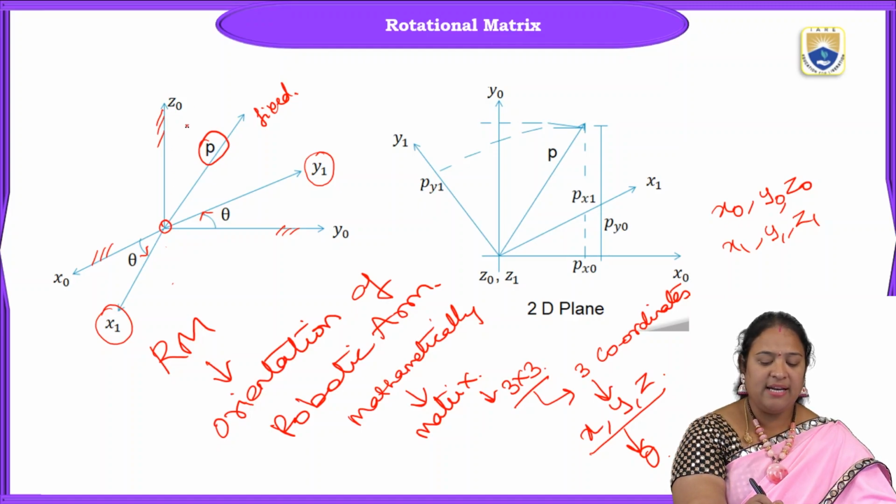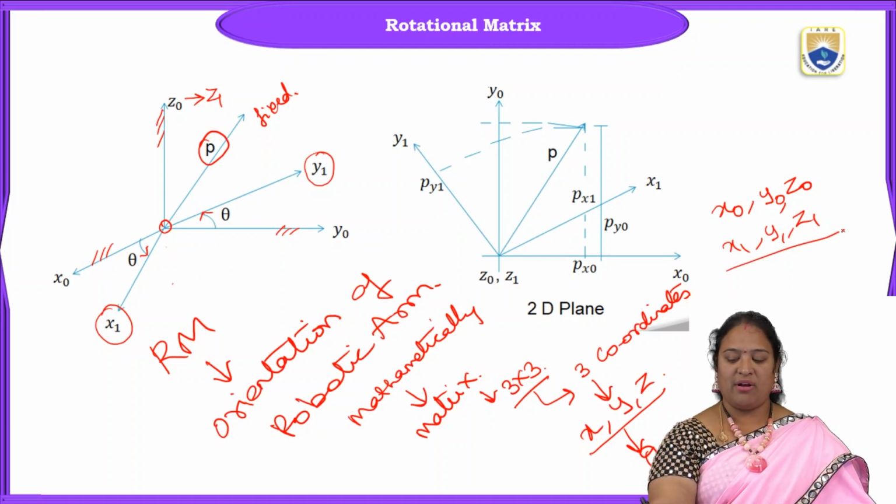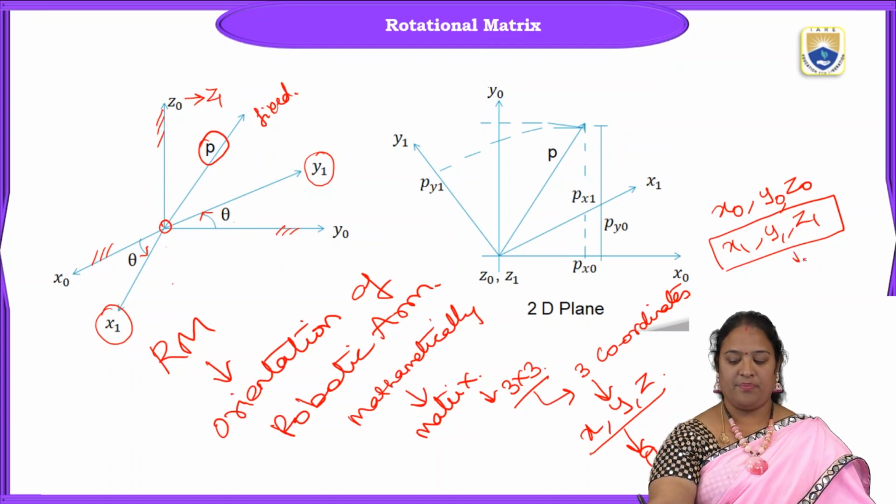The z-axis is also moving perpendicular to z0, where it is represented as z1, and this fixed vector P is rotating along x1, y1 and z1 at an angle theta, right?